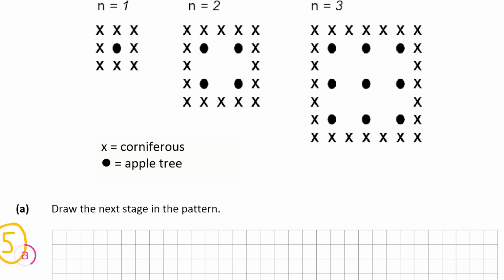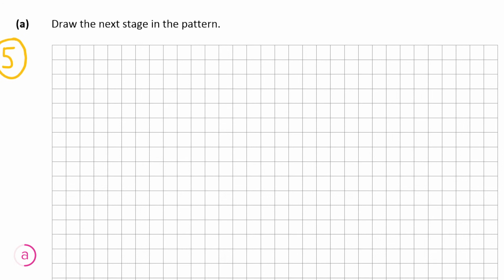You may be able to see a pattern there, particularly with the apple trees. There's 1, 4, 9, so the next pattern will have 16 apple trees. We can put those in for the start. There we have our 16 apple trees, and now for the coniferous trees around these apple trees. The first pattern had 8, the second had 16, the third one had 24, so you'll notice these are going up in 8s.